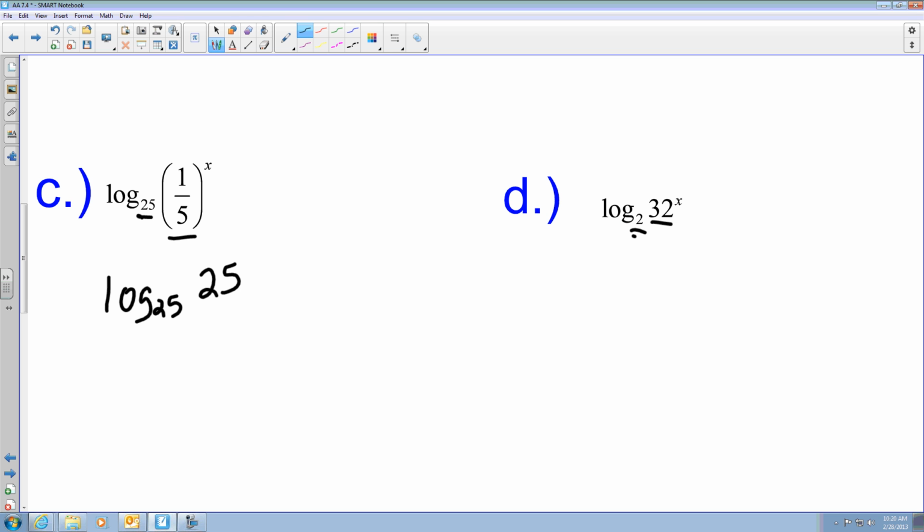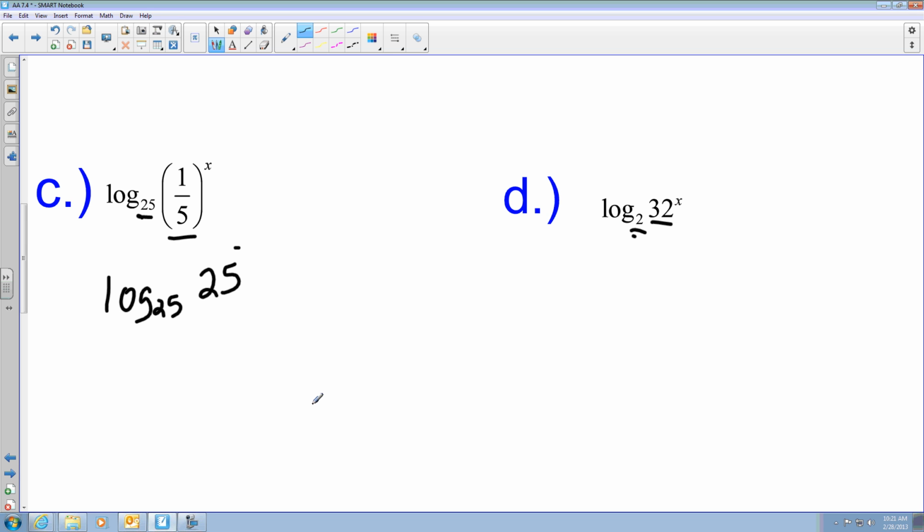But what can I do in order to get an exponential function? What exponent do I have to use in order to make that 1/5? I know that to make this 1/5, the exponent has to be negative. Because then, let's say if I use -1, that means my 25 to the -1 power would just be 1 over 25.